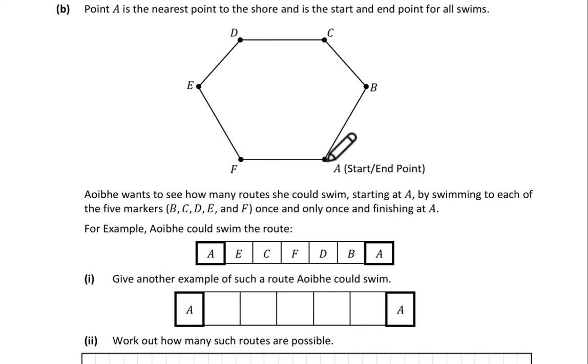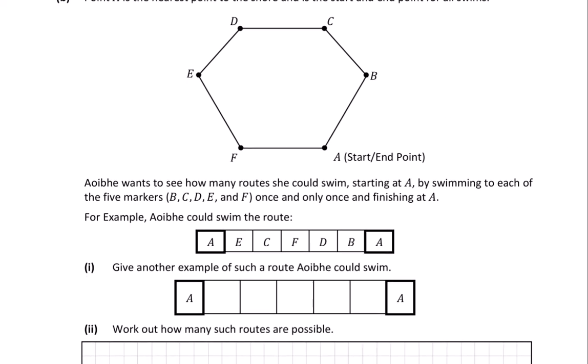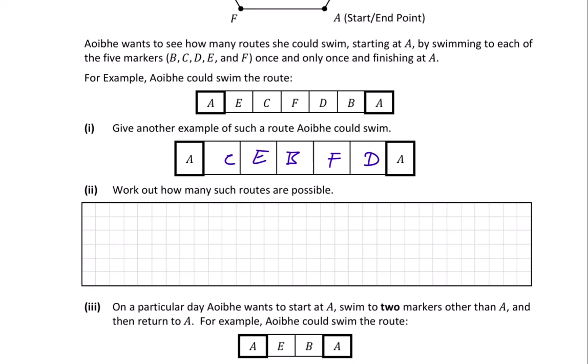So that's one such route she could do. So we have to do another one. So from A to C to E to B, F, D, and A. So she can start at A, go to C, go to E, then she can go to B, then she can go to F, then she can go up to D, and then down to A again. Okay, so that's that one.